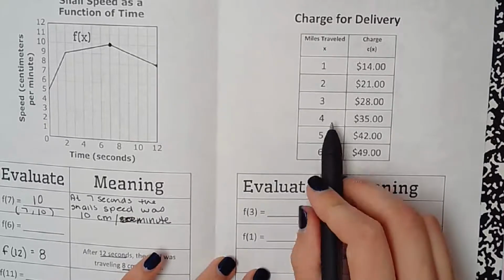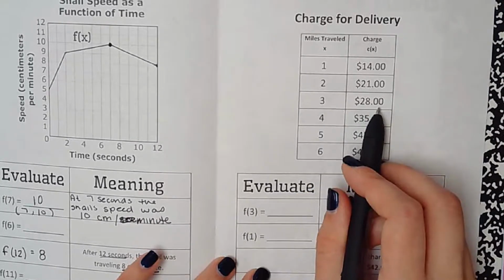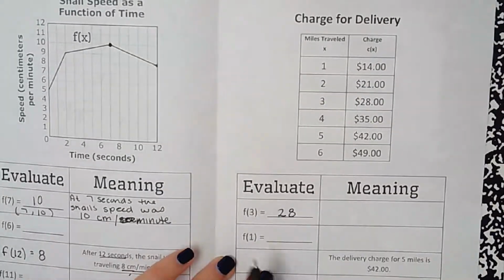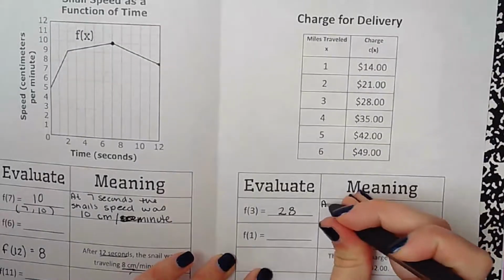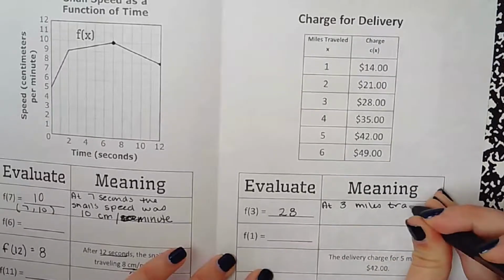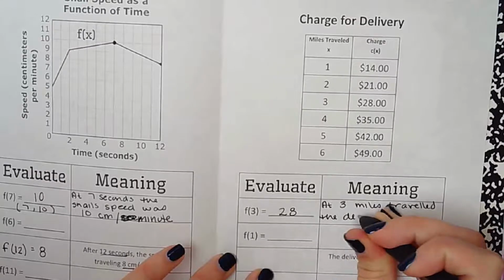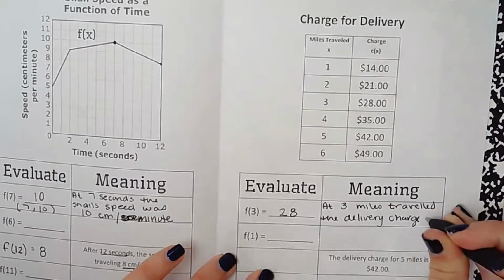So 3 is the number of miles traveled. So at 3 miles traveled, the charge is $28. So f of 3 equals 28, and at 3 miles traveled, the delivery charge is $28.